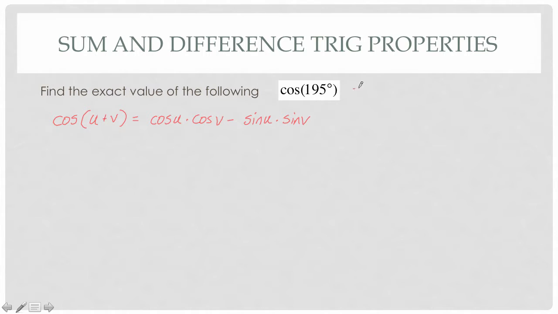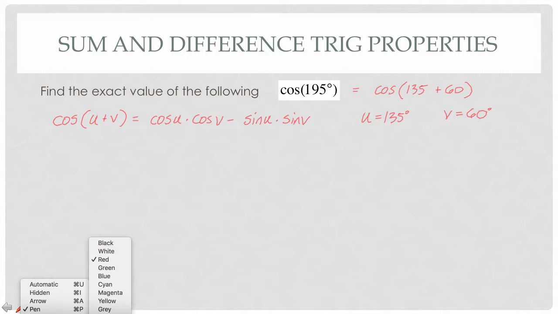And then we rewrote that into the cosine of 135 degrees plus 60 degrees. Those add up to 195, and so we're using the sum. So in this formula, I'm going to replace u with 135 degrees and v with 60 degrees. And now let's rewrite this whole thing out.